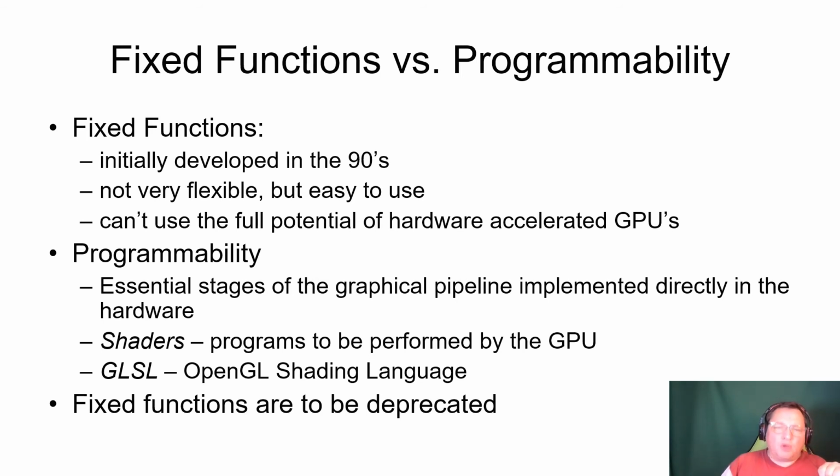A shader is a program to be performed by the GPU in contrast to the CPU. GPU is the graphics processing unit, CPU is the central processing unit, so CPU is your main processor.